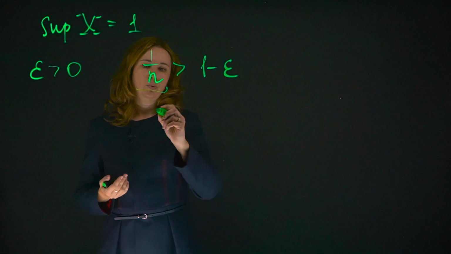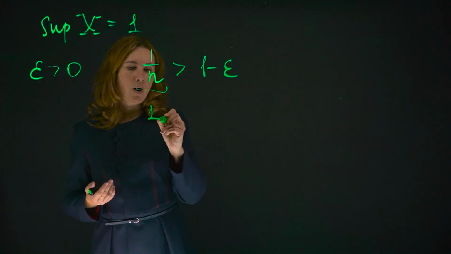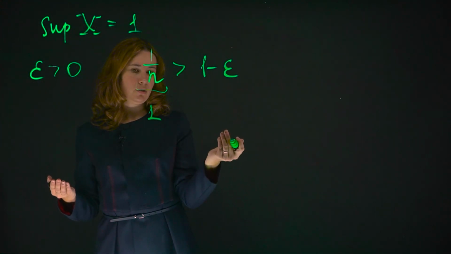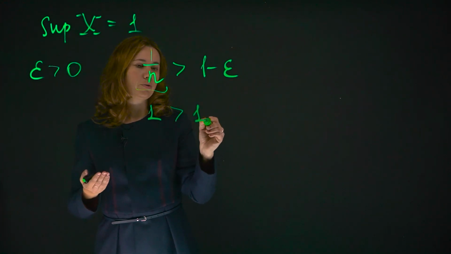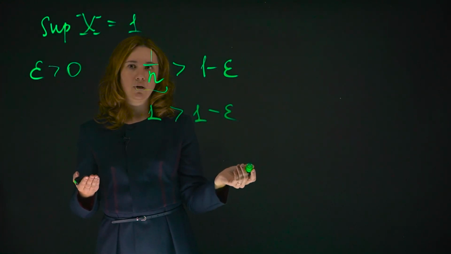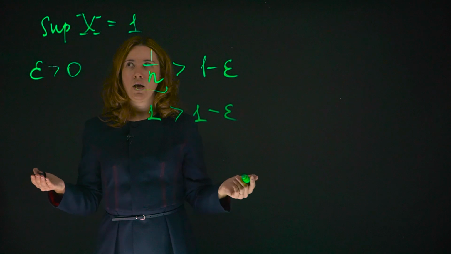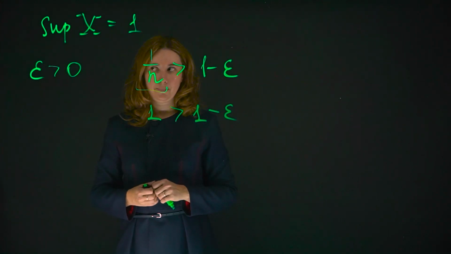Of course, we can take 1 for this element. 1, of course, is greater than 1 minus epsilon. So this element exists, and the supremum is equal to 1.